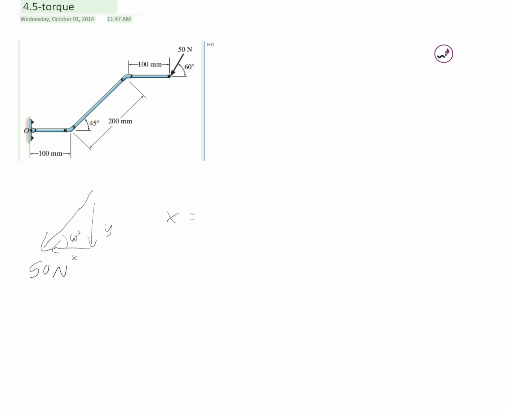My x component touches the angle, so I'll have 50 newtons times the cosine of 60 degrees. And my y, 50 newtons sine 60 degrees.